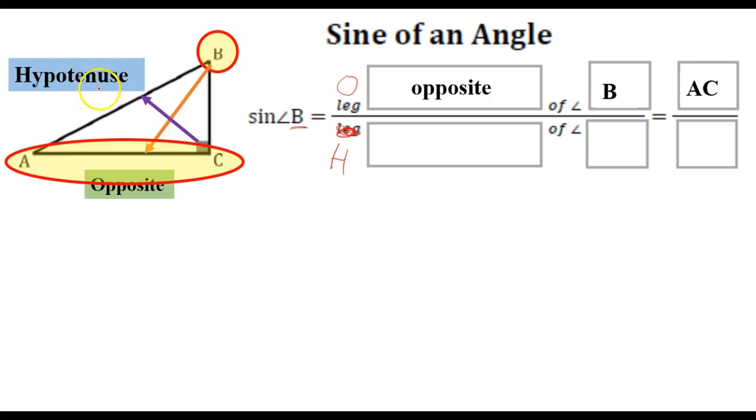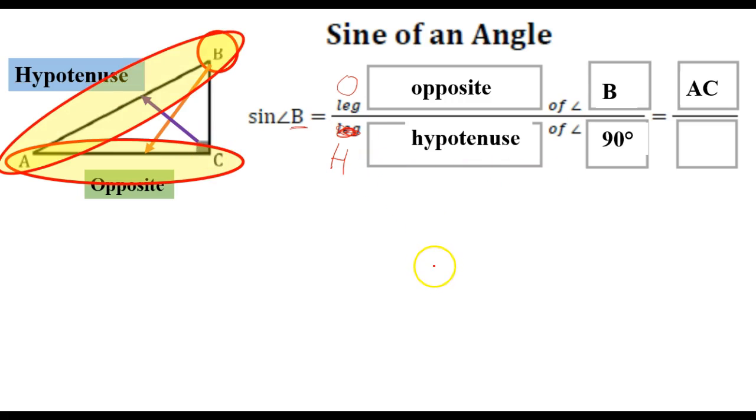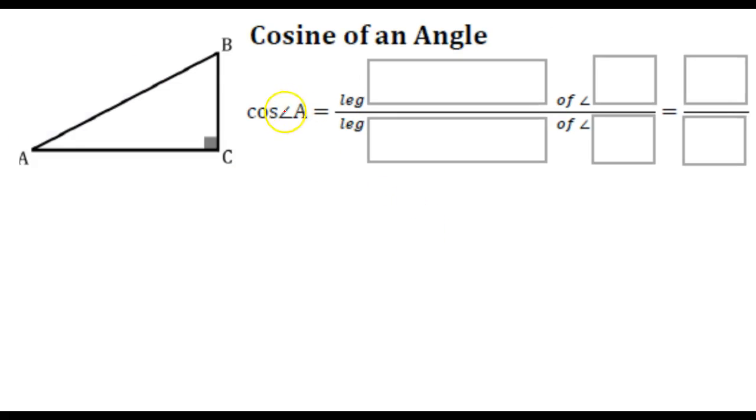So remember that the hypotenuse is the side opposite that 90 degrees. So we're going to write it's the hypotenuse of angle, I know it's labeled angle C, but that 90 degree angle, it's right there. And that would be side AB.